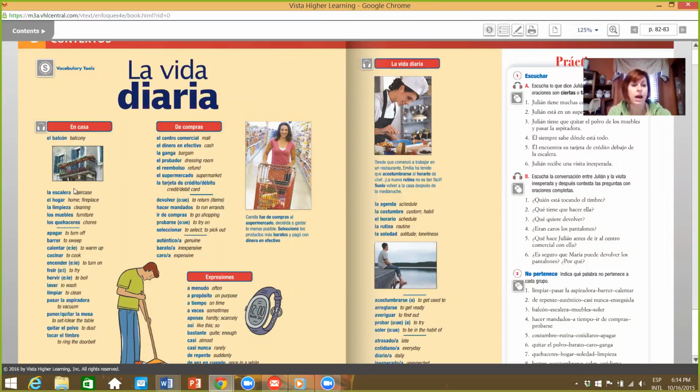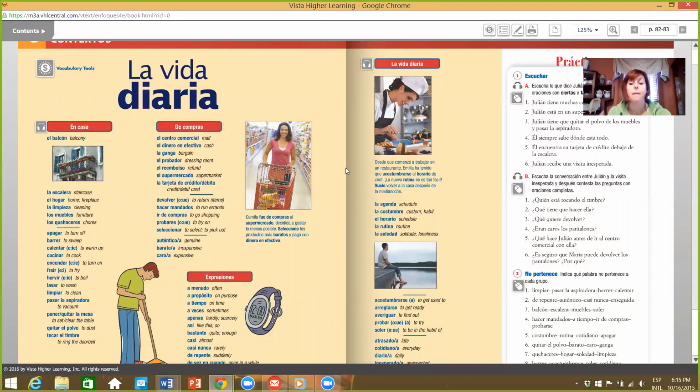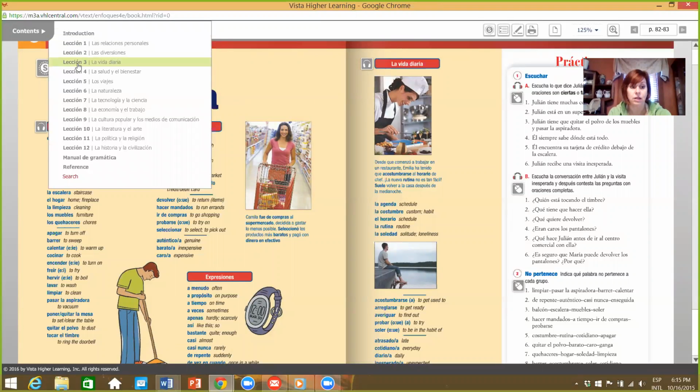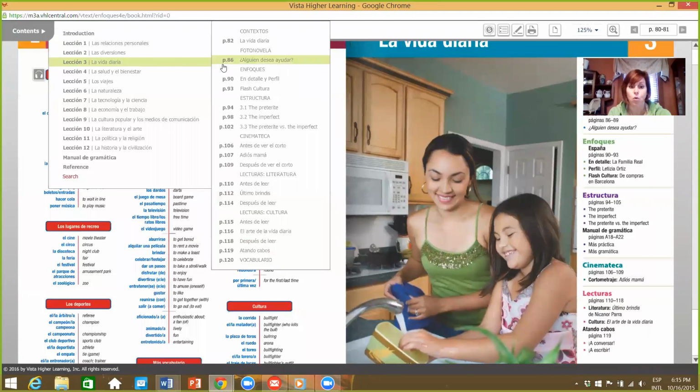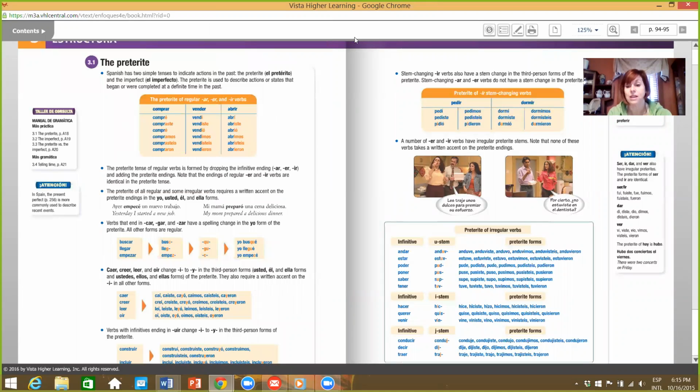La vida diaria, cosas de la casa, cosas de compras, expresiones, la vida diaria. Entonces, unas cosas normales. Pero también en este capítulo, cuando empezamos a hablar de las estructuras de la gramática, este capítulo es más difícil. Entonces, mira lo que tenemos, ¿sí?